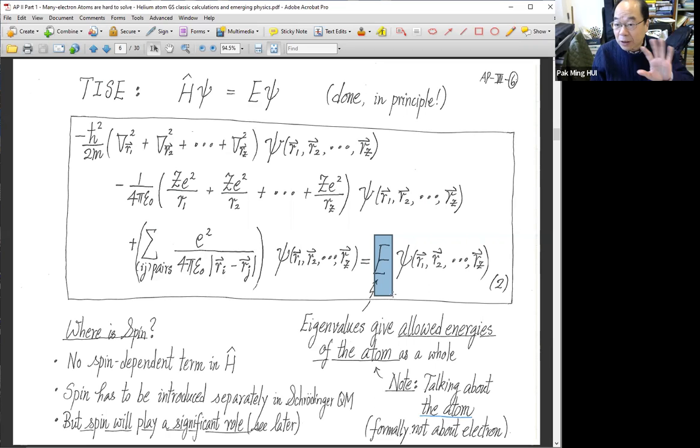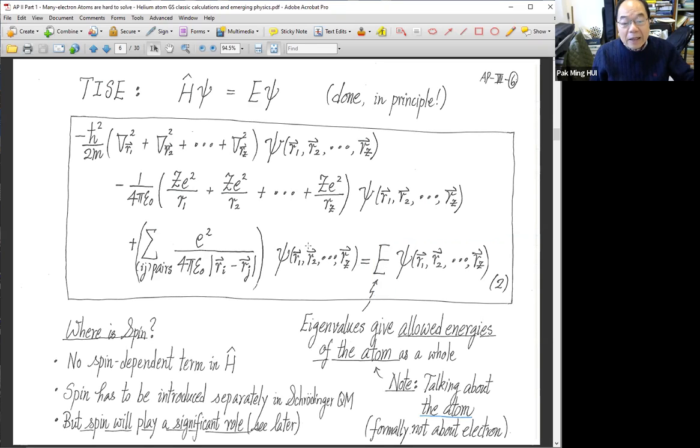It's not such a physical picture. The E here refers to the whole atom. So after we solve this, if we can solve this, E represents the allowed energy of the atom as a whole.